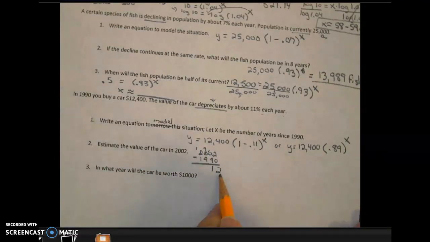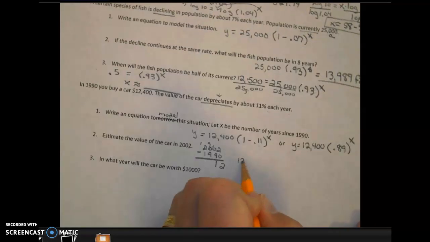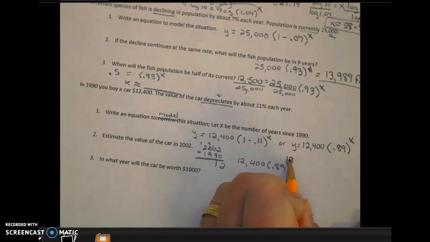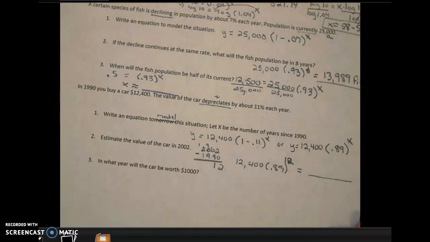So in this case, we would plug 12 in for x, and then we'll get the value of the car. So go ahead and do that one as well when you come in the room.